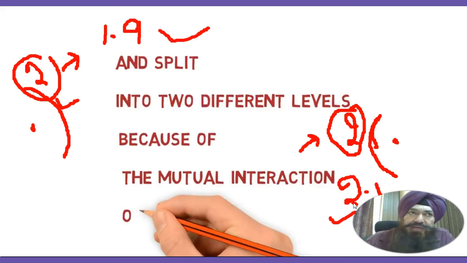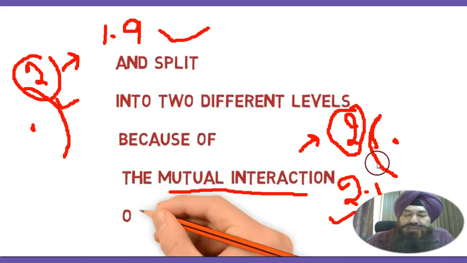When atoms are brought closer, the energy of the valence shell changes because of mutual interaction: interaction of the electrons of this atom with the electrons of that atom. So electromagnetic interactions take place, and it changes the energy level.